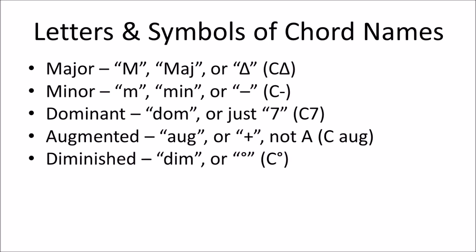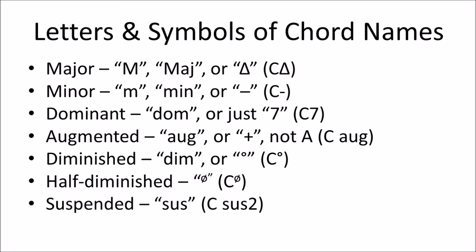You never see a chord labeled CD7, although I may have used it in this course to demonstrate the diminished interval several times. And the symbol used for a diminished chord is an open circle. And the half diminished symbol is an open circle with a line through it. And as I've mentioned, sometimes you'll see the suspended chord labeled sus2 or sus4 depending on which note is played.